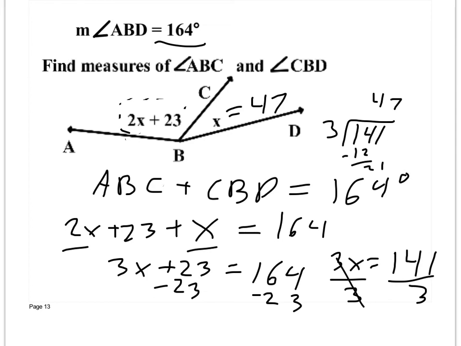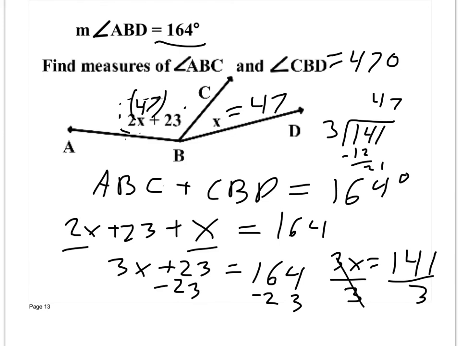Okay? 47. So I know what x is. So that means I know what CBD is. It's 47 degrees. I need to know ABC, which there are 2 ways of doing it. I'm going to show you both. The first way is plug in 47 for x and take 2 times 47 plus 23.